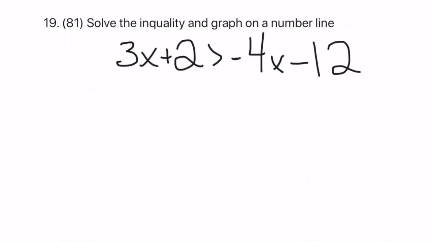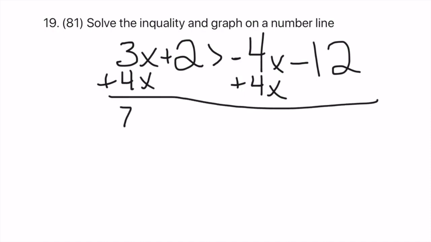Okay, number 19. From lesson 81, solve the inequality and graph on a number line. So this is just like any other inequality, except we have variables on both sides. So if I can, I always try to get my variables on the left. So I'm going to add 4x over to the left side. So we have 7x plus 2 is greater than negative 12.